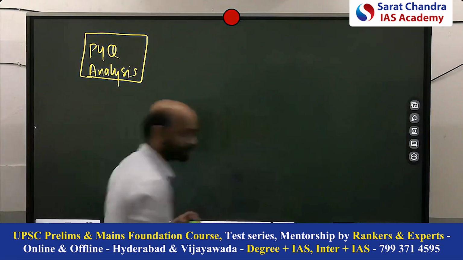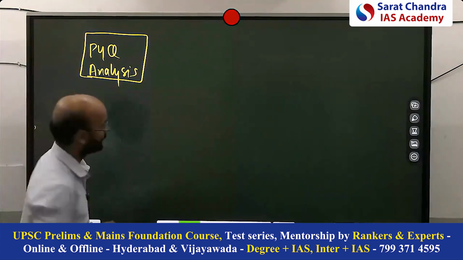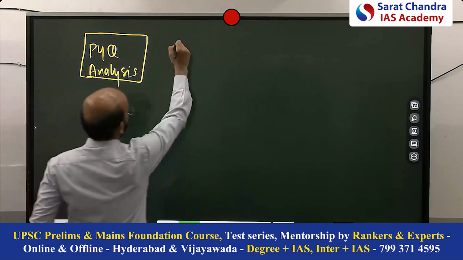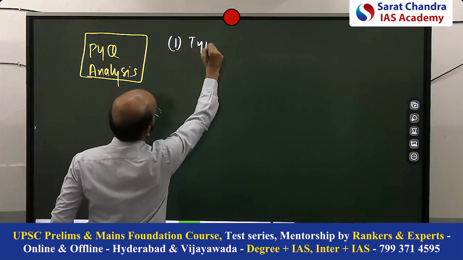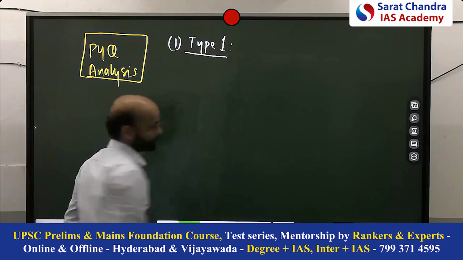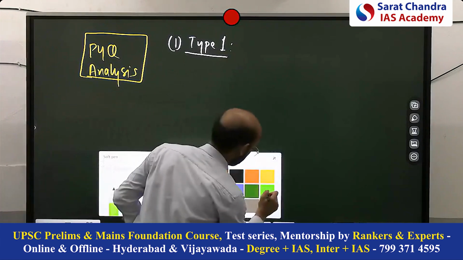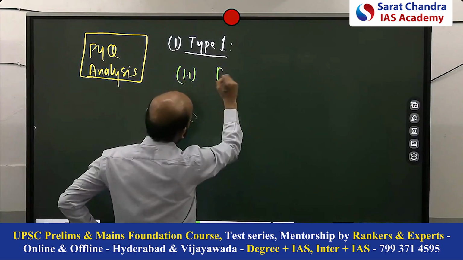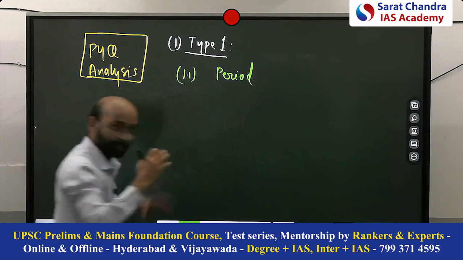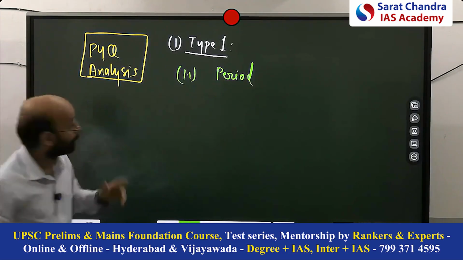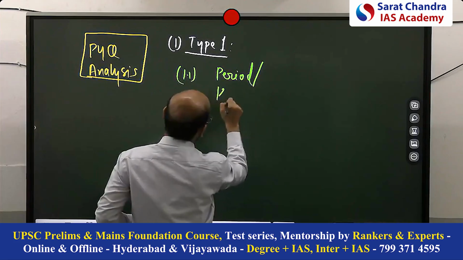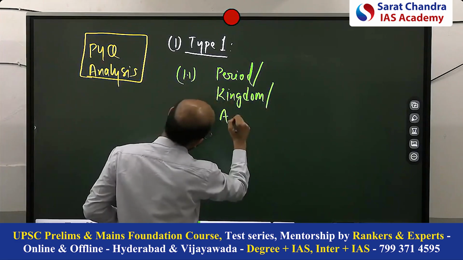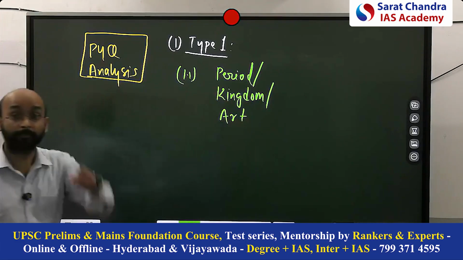Based on the previous year questions analysis, what we identified here is that there are two types of questions UPSC is asking. The first type, which we call type 1 question, has two variants. Variant 1.1 is that they are giving one time period, like the Pallava, or linking with any kingdom, or any art, like folk music.